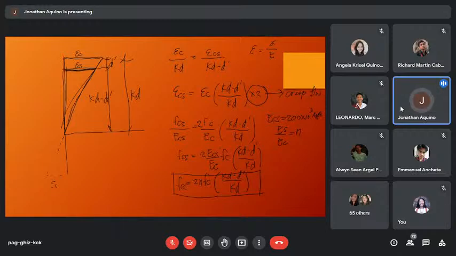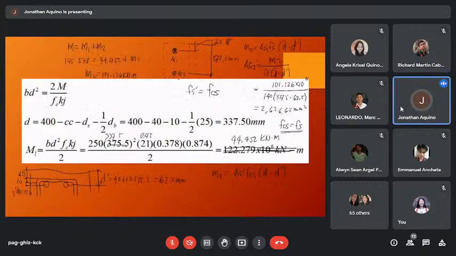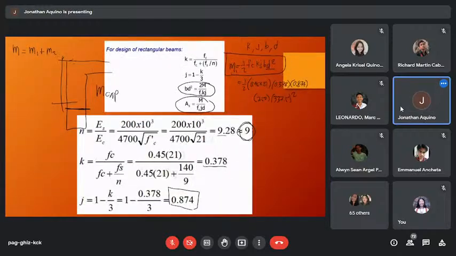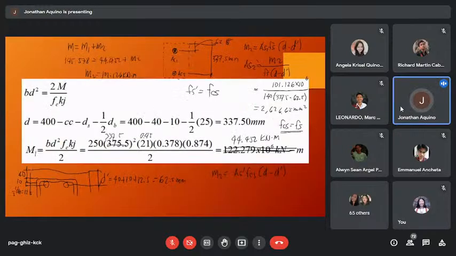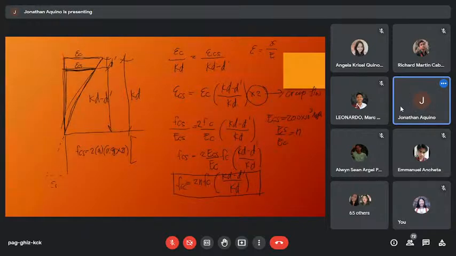Okay? So from the problem, FCS is equal to 2 times 9, 2N times FC of 0.45 times 21 times KD. So ang K natin is 0.378 times T of 337.5 minus D prime.